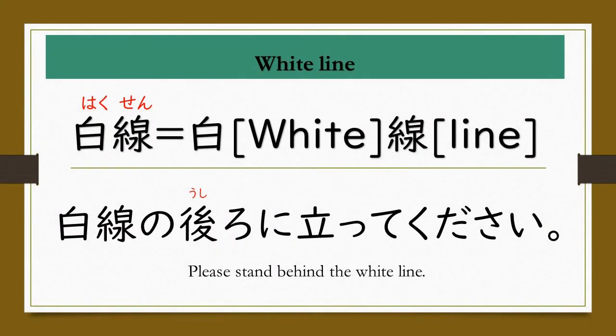White line, 白線。Each kanji meaning, 白 white, 線 line. Makes sense.